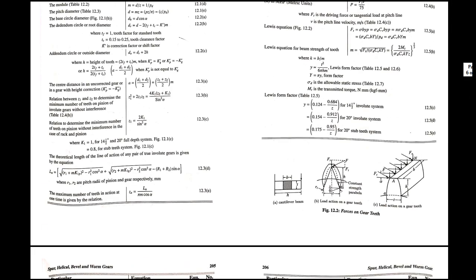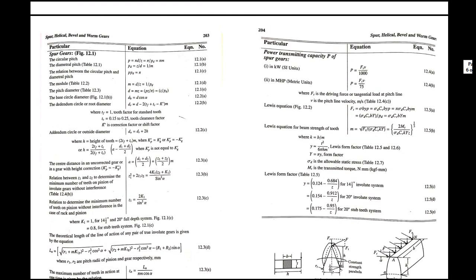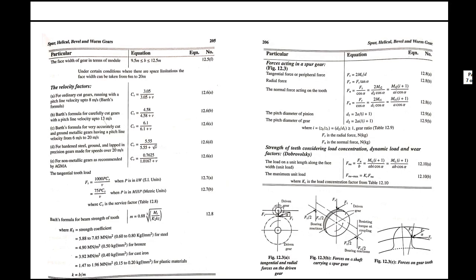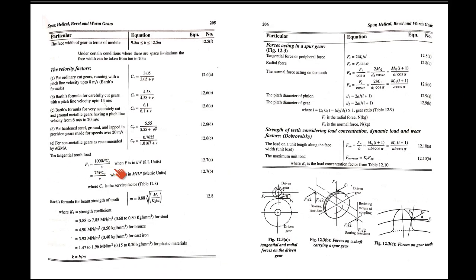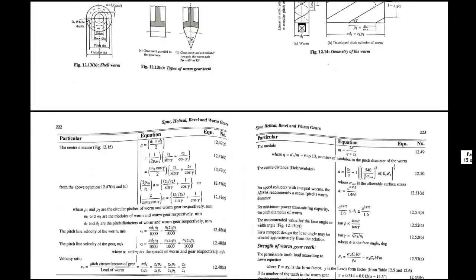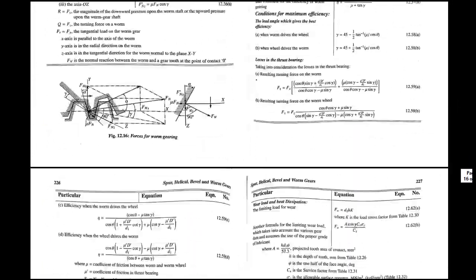This is the equation for Ft, equation 12.7a. So CS can be obtained from table 12.8. Table 12.8 consists of different operating conditions.